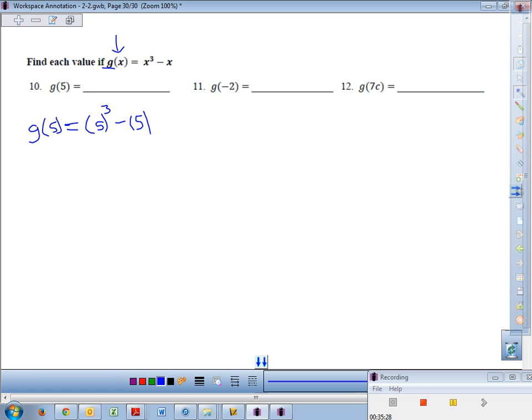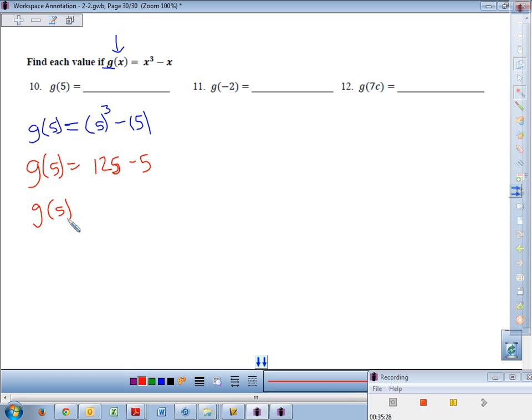Cool? You all right with that? Now, g of 5 comes down. 5 cubed does not mean 5 times 3. It means 5 times 5 times 5. Take it times itself 3 times in a row. What is 5 cubed? 125. Then you got minus 5 coming down still, right?